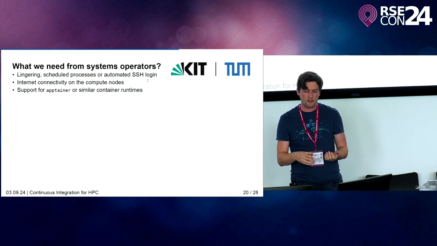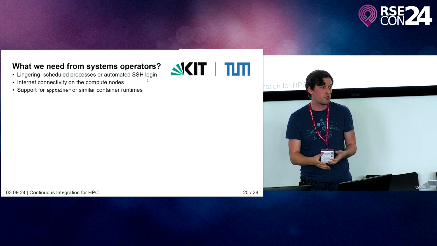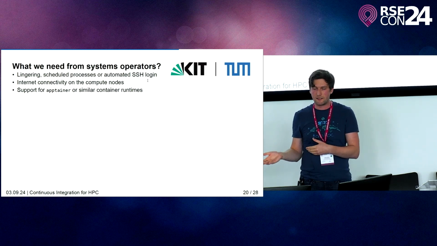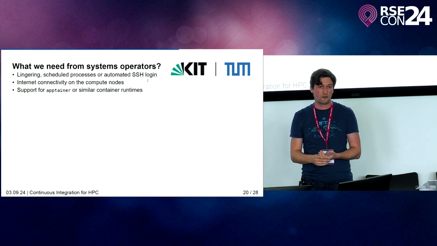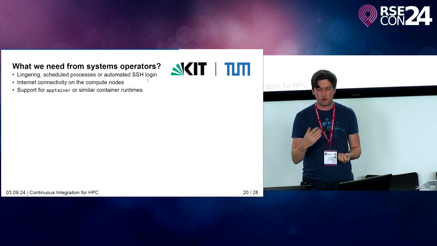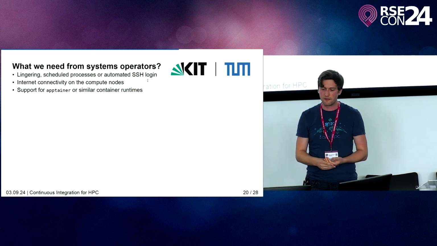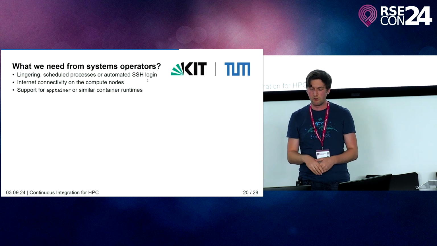And of course, the compute nodes need internet connectivity, which is sometimes an issue, but in most cases, it's possible to configure this somehow either via proxy or via Slurm parameters, and then we can use that directly.